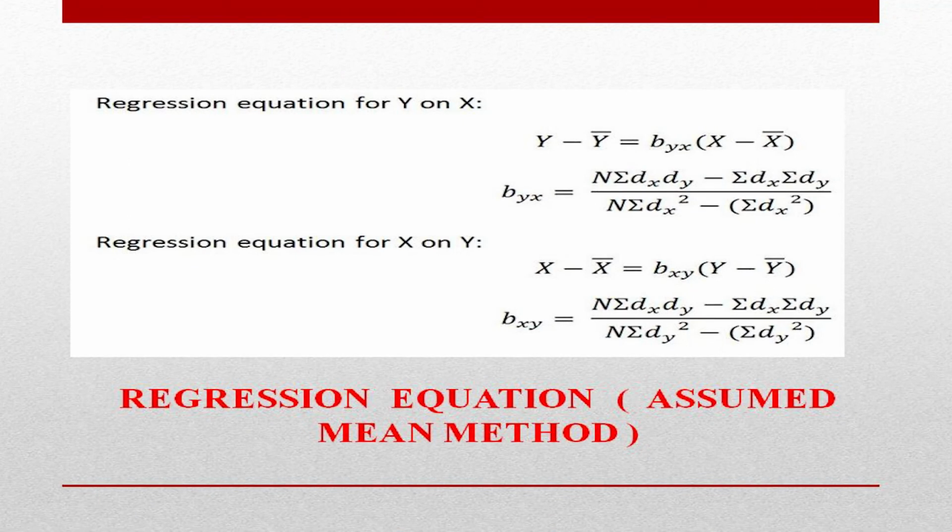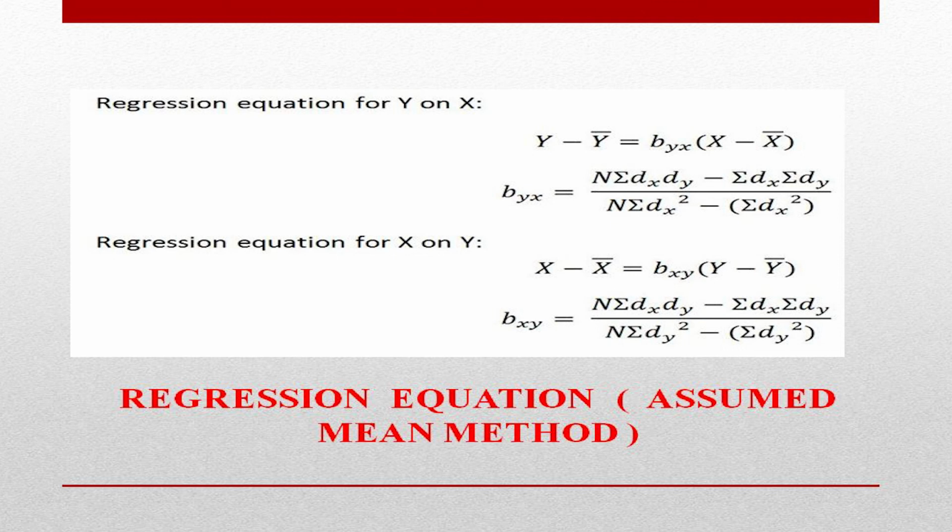Now coming to the assumed mean method. In this method, the regression equation for y on x is y minus y bar equal to byx into x minus x bar, where byx equals n into summation dx into dy minus summation dx into summation dy divided by n into summation dx square minus summation dx the whole square.